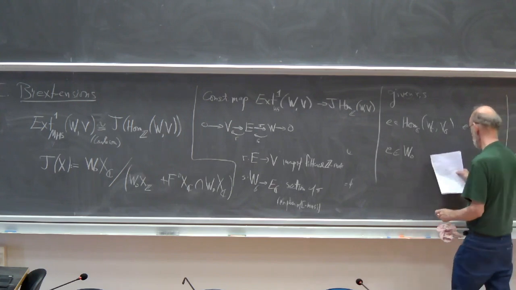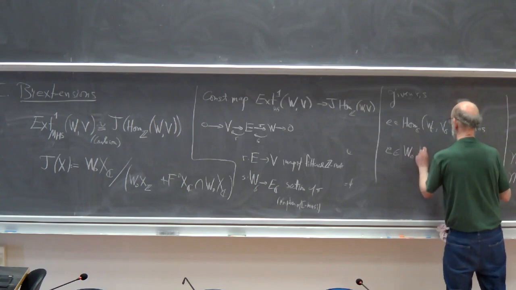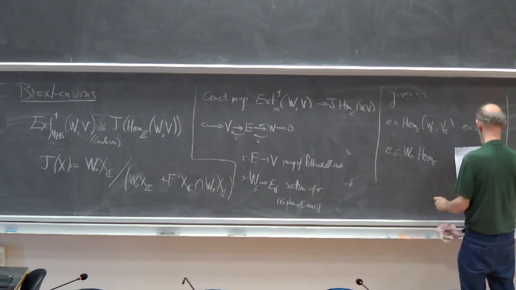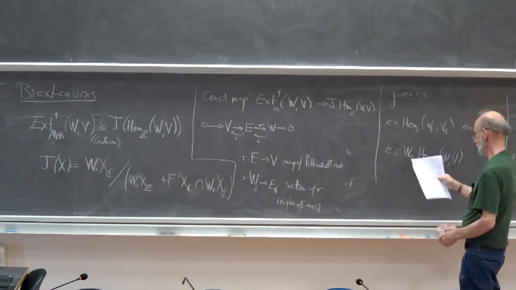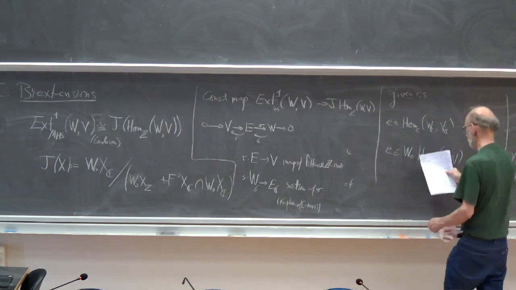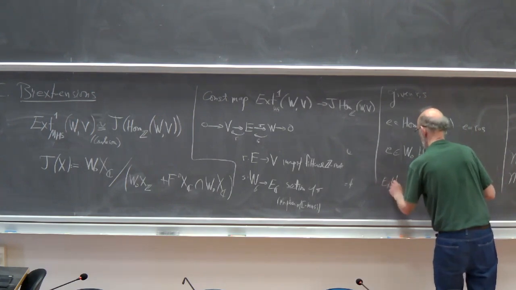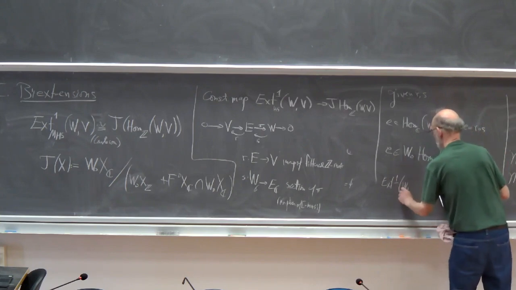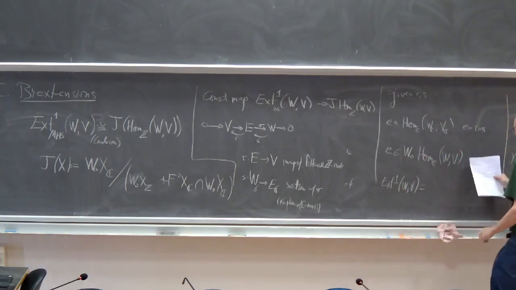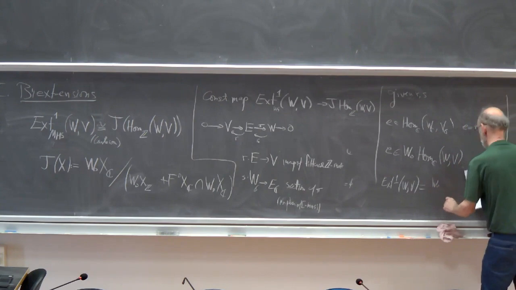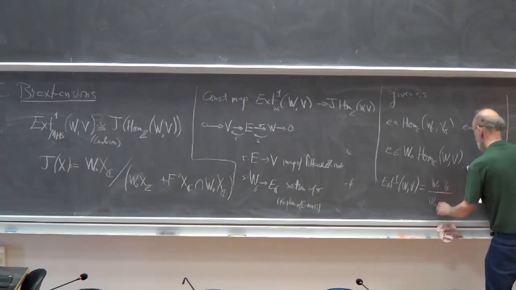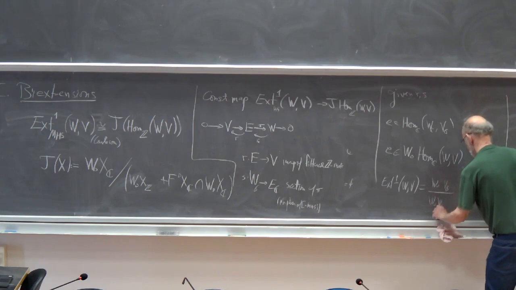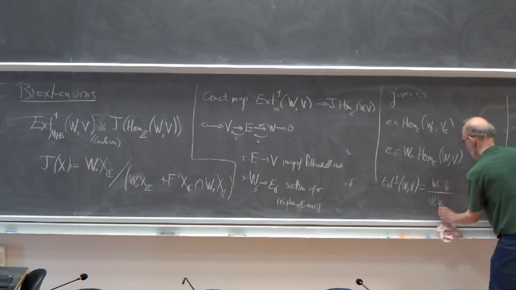E is in W0 of Hom C W. Okay. Then, recalling this, Ext^1 of W V is equal to W naught of VC modulo W naught of VC modulo W naught of Z, I suppose I should say here, VZ, or VQ, or something.